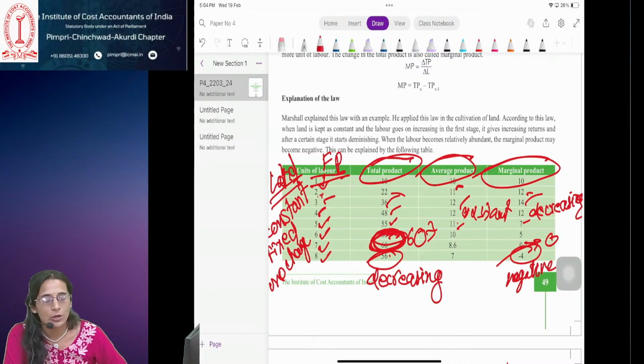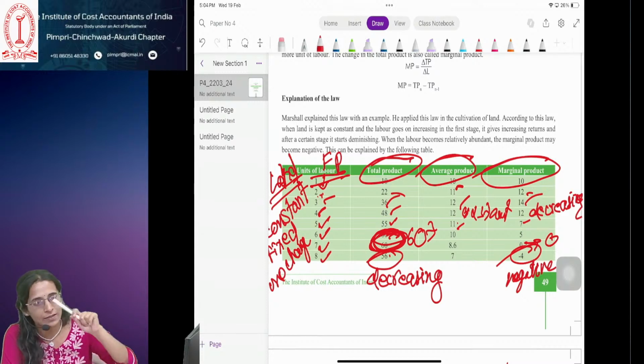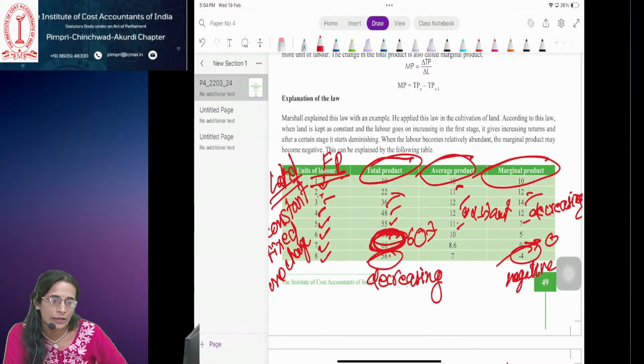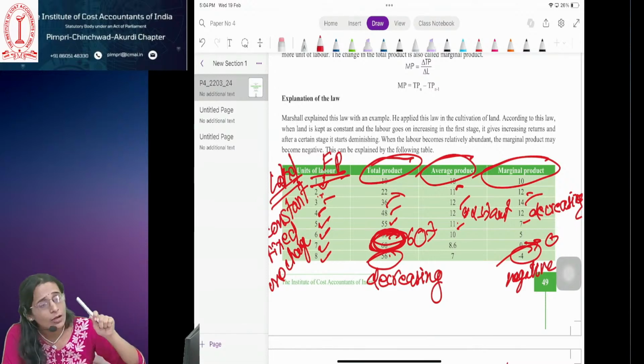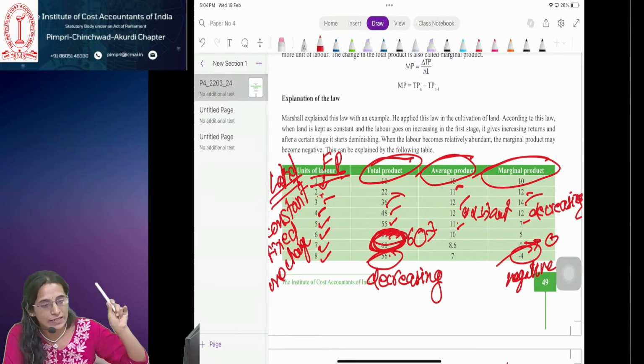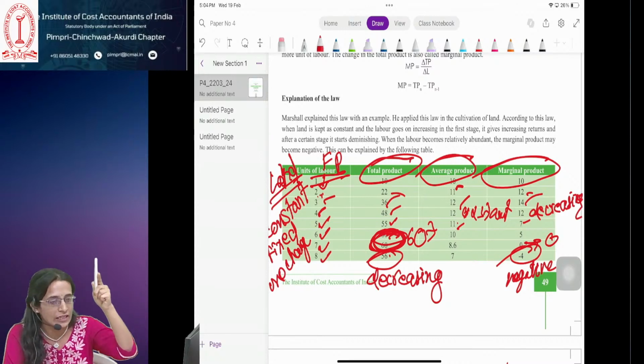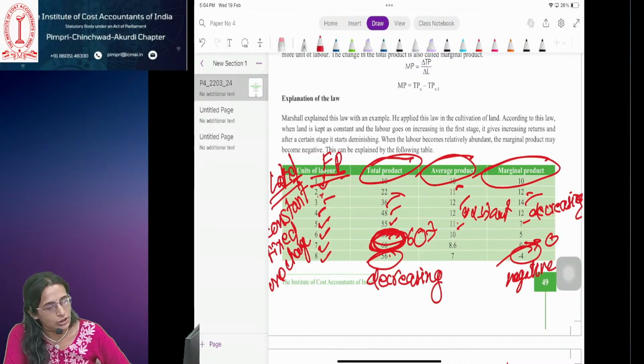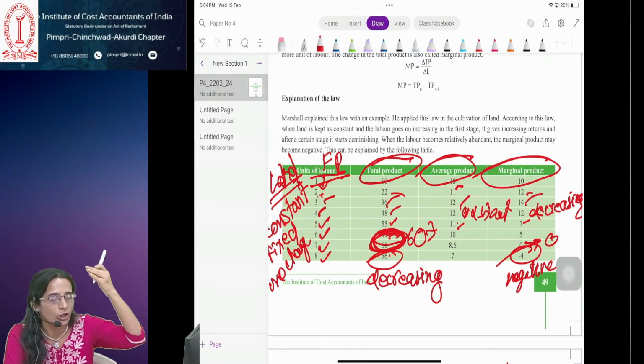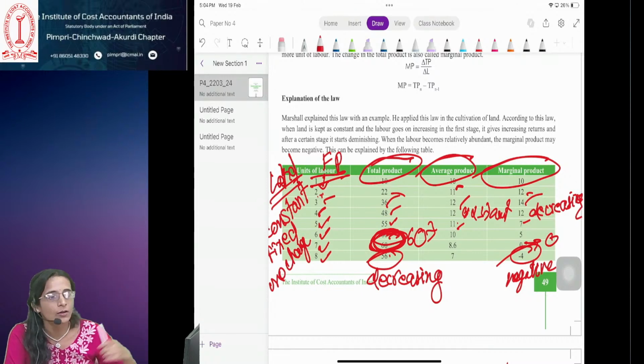What was the law of diminishing marginal returns? At the start, the total utility increases, and marginal utility goes on increasing. Later, total utility increases, marginal utility also increases, but at a diminishing rate. When the total utility reaches the peak point, what happens to marginal utility? Marginal utility becomes zero. When the total utility goes on decreasing, marginal utility becomes negative.